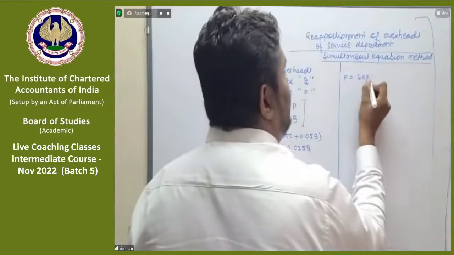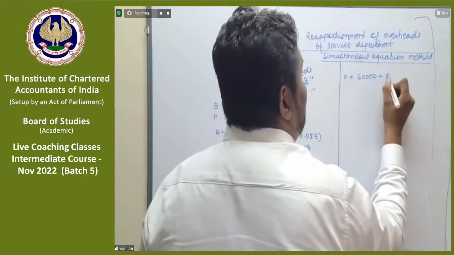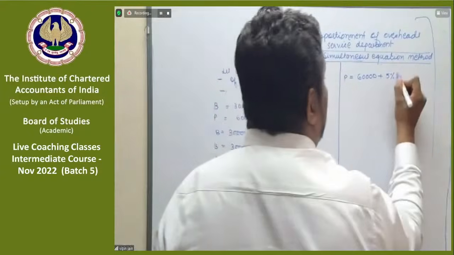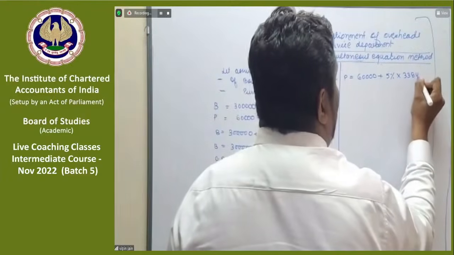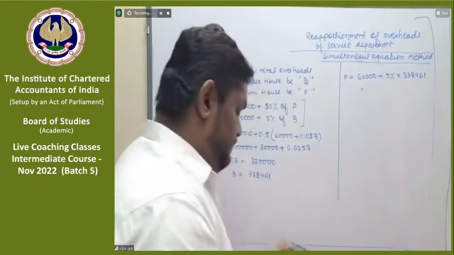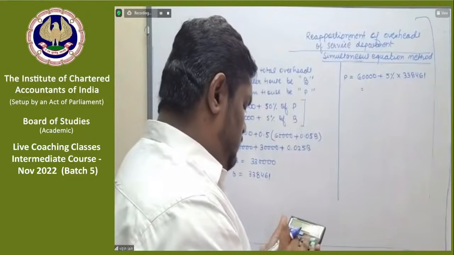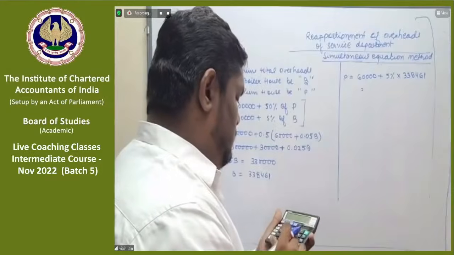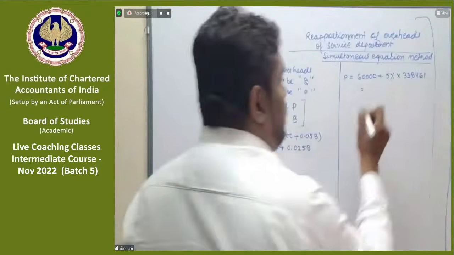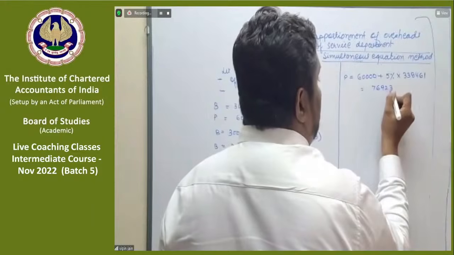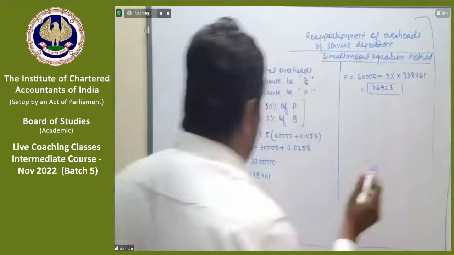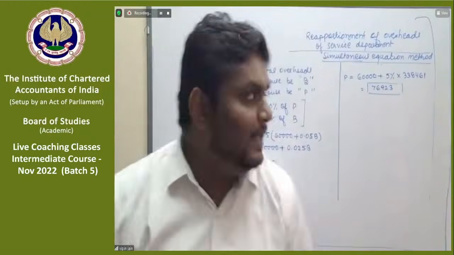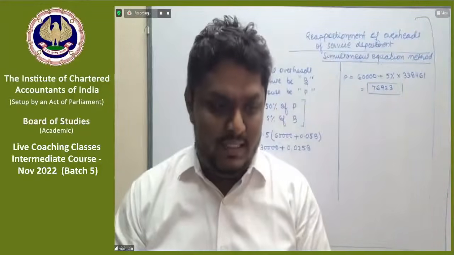That is 60,000 plus 5% of what? 3,38,461. So this will be 76,923. So now we are done with the total amount of B and P. Now it's very easy to apportion these overheads of B and P that I've already discussed in the last question.